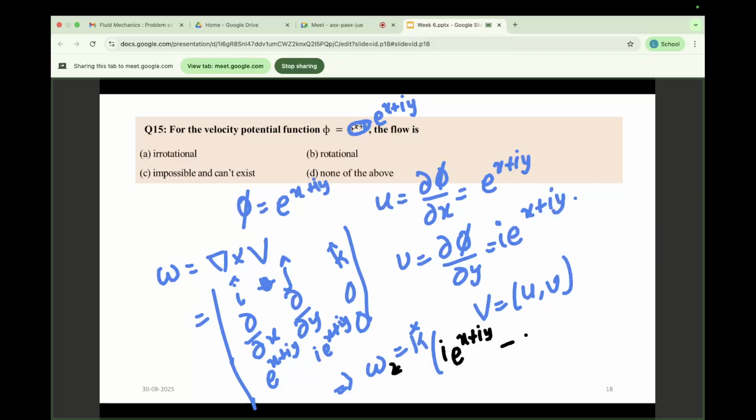So what should be the derivative of this one? Check, this one is u.